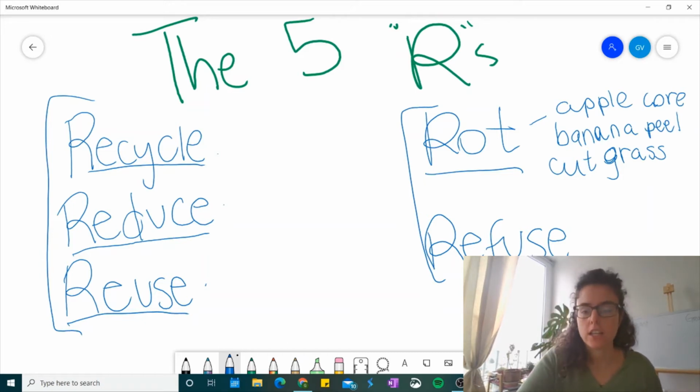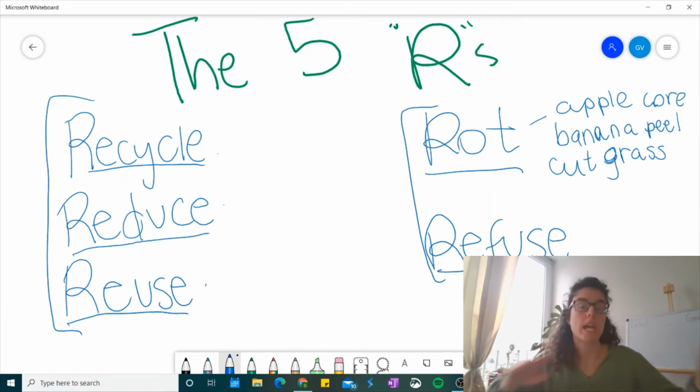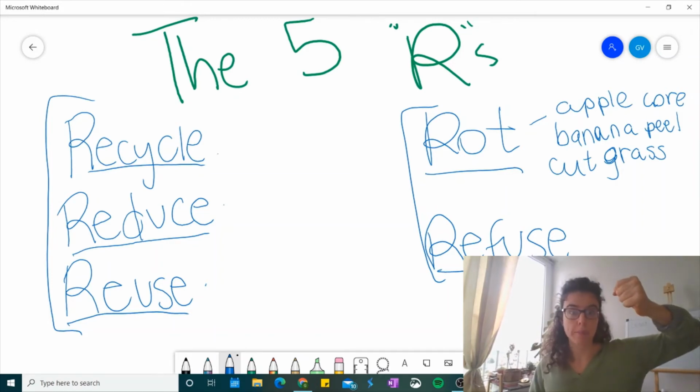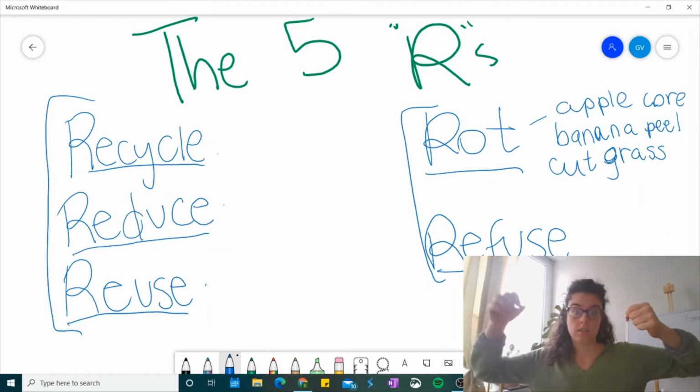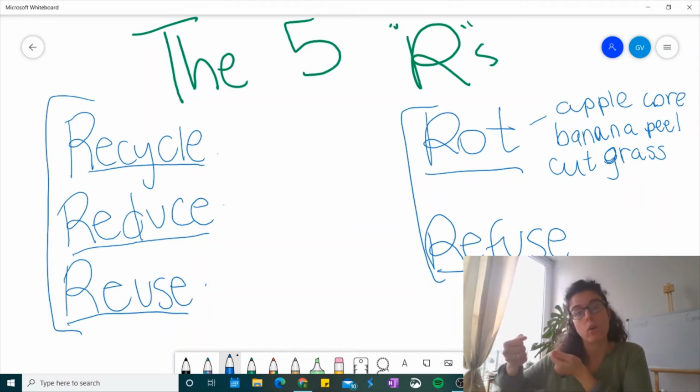And finally, we have refuse. So refuse is when you say, no, I don't want that. Or no, I'm not going to buy that. For example, let's say you go to the supermarket and you can buy a plastic bag of apples, or you can pick your apples separately. And you maybe have a fabric or a cloth bag to put your apples in.